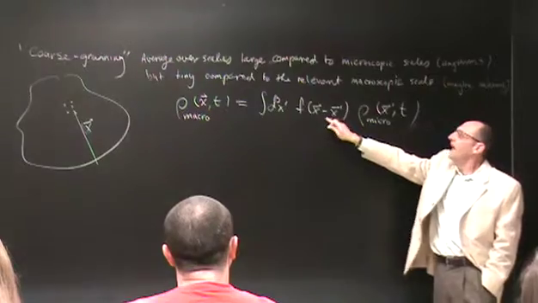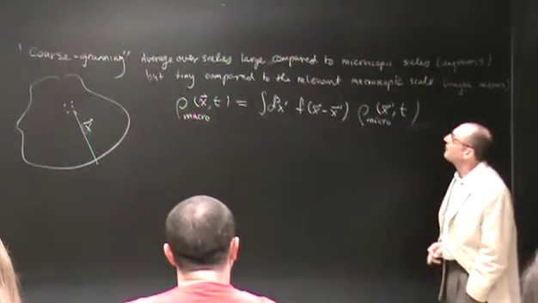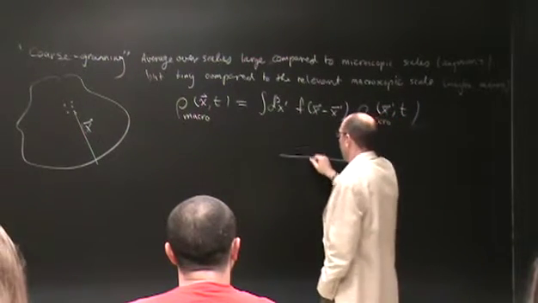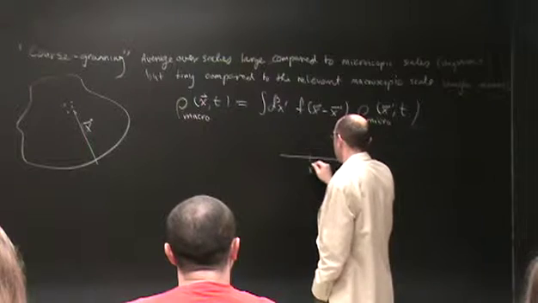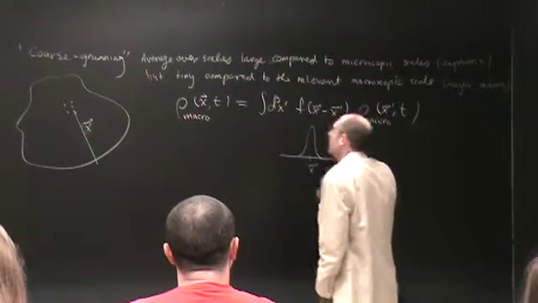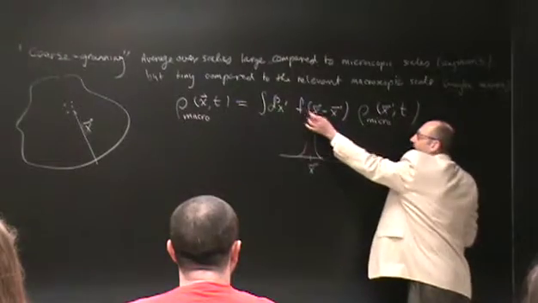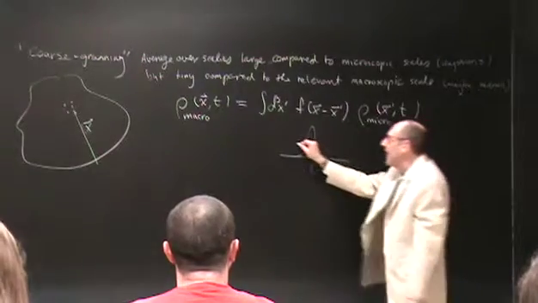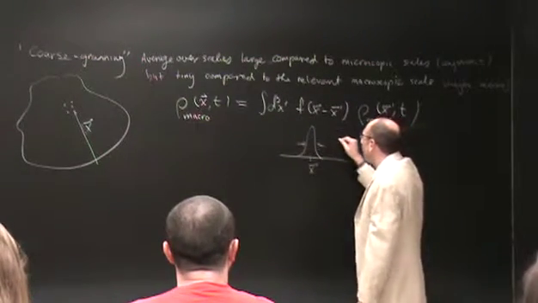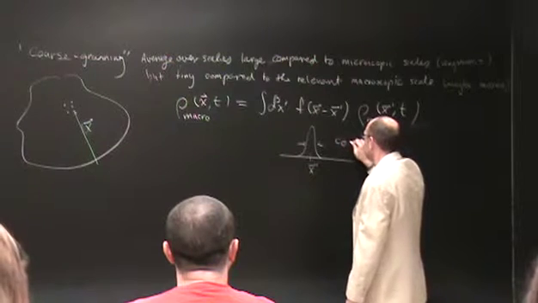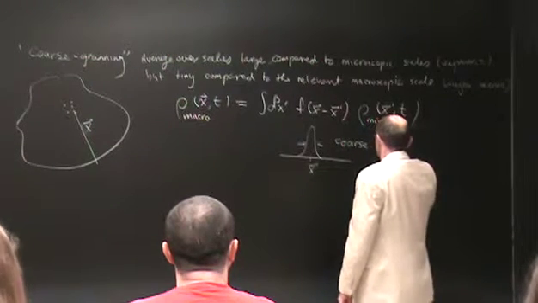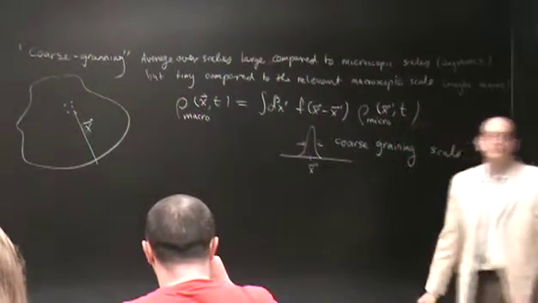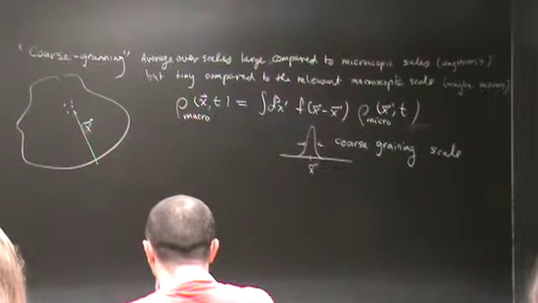So this function at every point in the microscopic distribution is some weighting function, centered at some point x prime. If it was an absolute fine grain, this would be a delta function. But as a coarse grain, it has some width, which is the coarse graining scale, maybe some tens of angstroms.